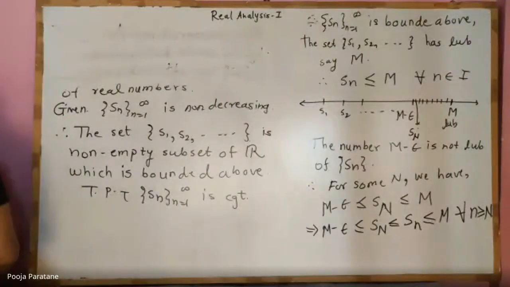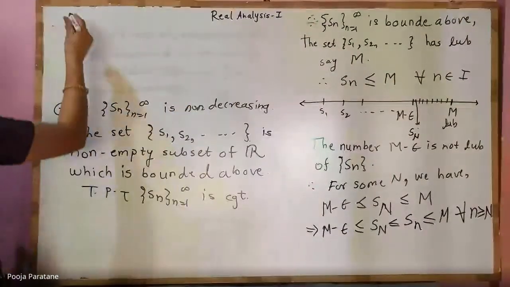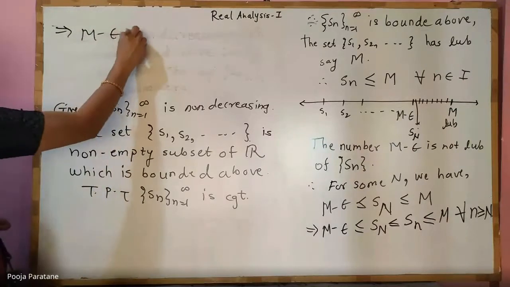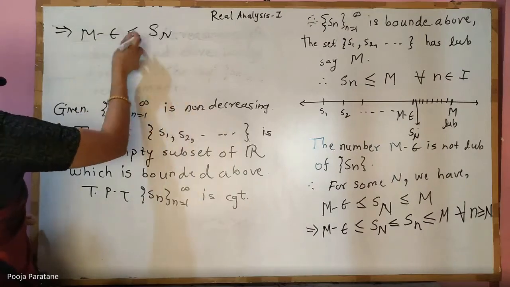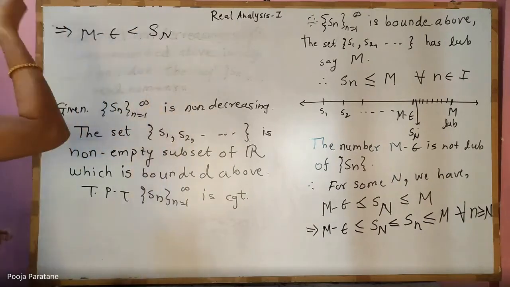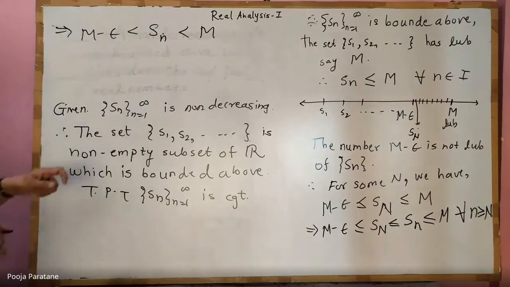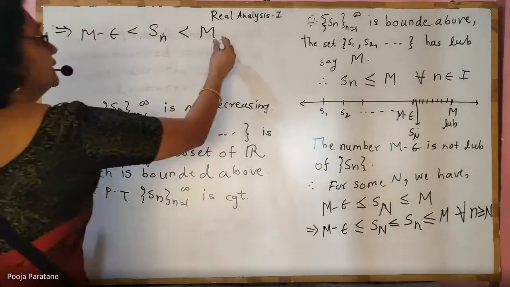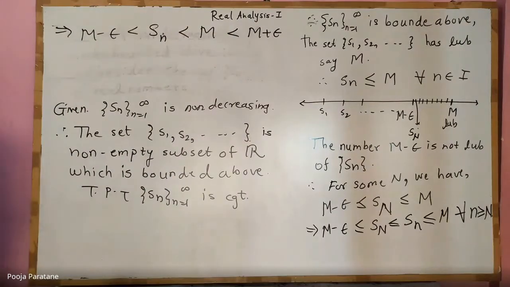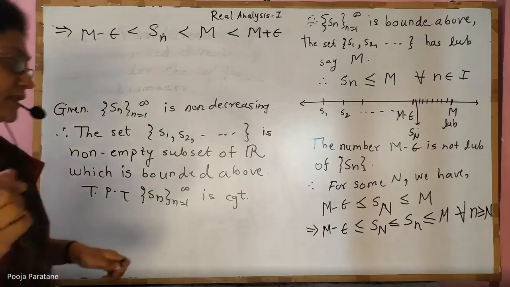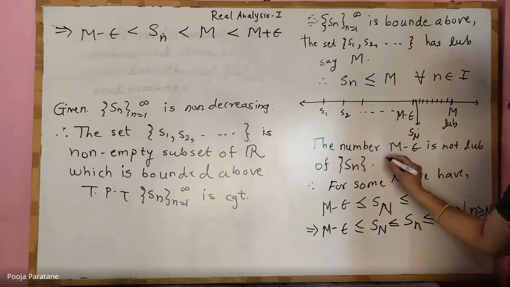So the proof is clear now. So this implies M minus epsilon is less than or equal to SN, or you can say here now, because there must exist some term which is strictly less than, here SN is less than M. Now obviously this M is less than M plus epsilon, because epsilon is some positive number. Here you can say for some N we have the number M minus epsilon is not an upper bound.